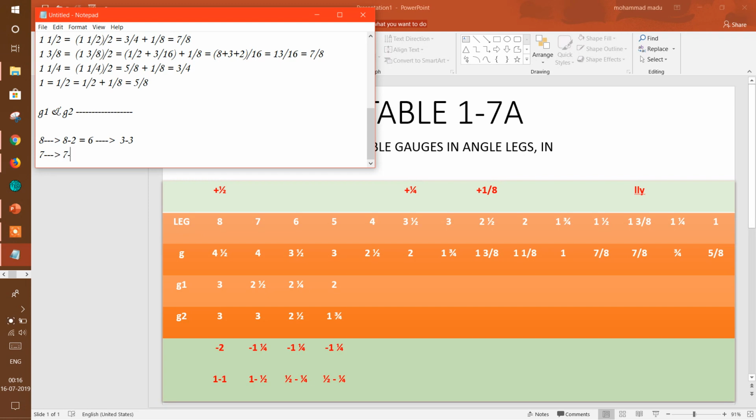7 minus 1 1 by 4, yeah, that's equal to how much? 5 3 by 4, yeah.